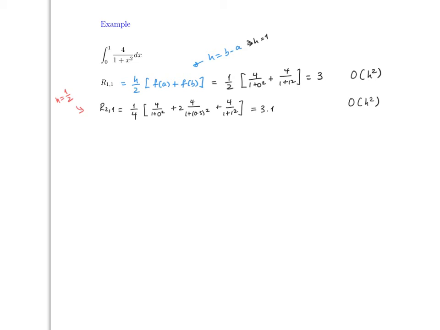Now if we find out our R31, then this will be 1/8. If you divide h over 2 again, it will give you 1/8. It will be 4 divided by 1 plus 0 squared, and this will be 2, then 1 plus 0.25 squared, 4 over 1 plus 0.5 squared, and so forth.